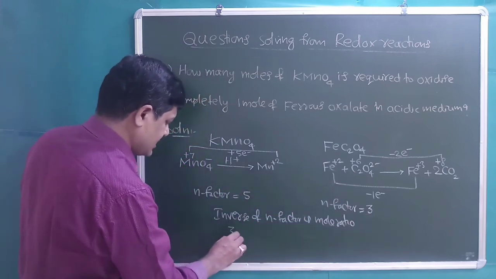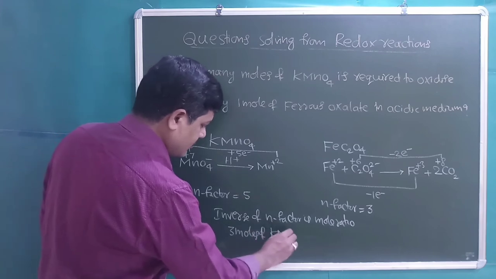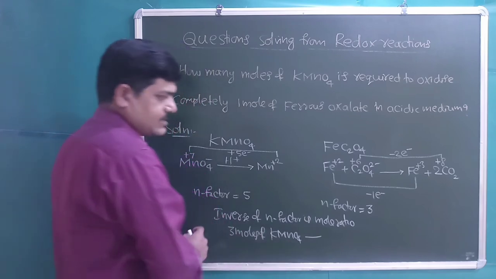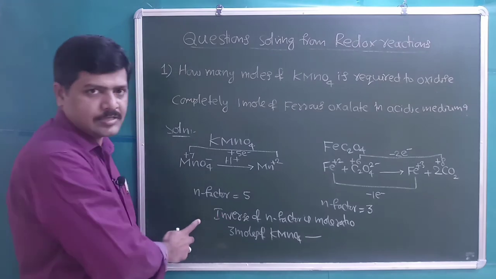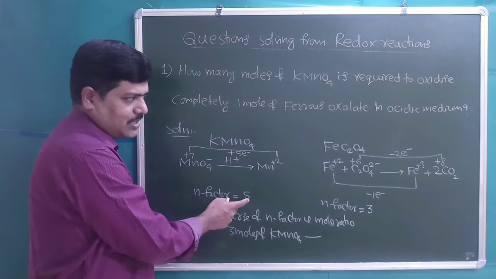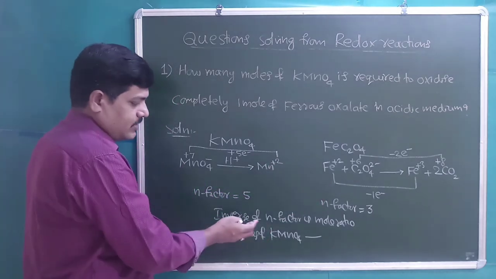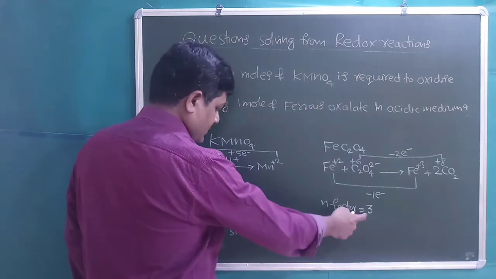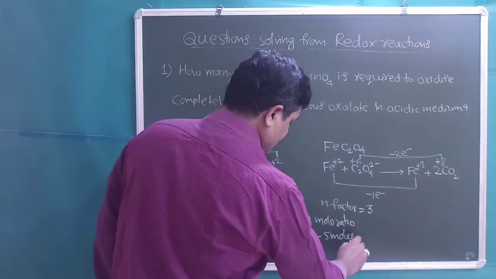So we can write the statement as 3 moles of KMnO4 is required to oxidize 5 moles of FeC2O4.